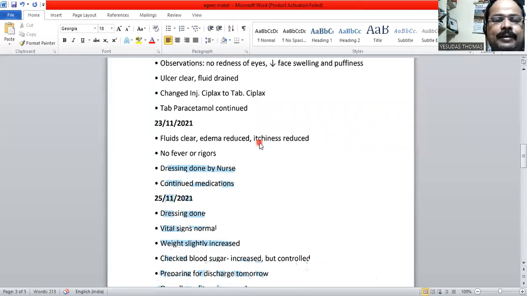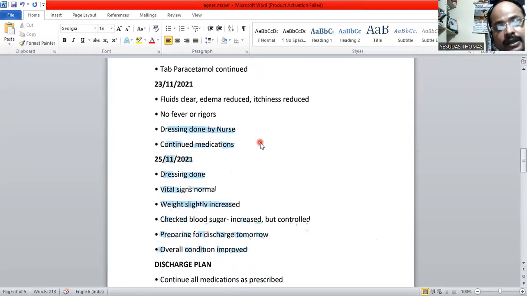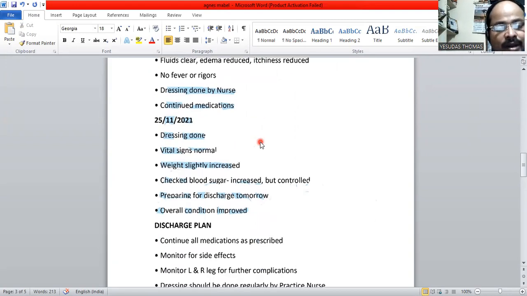Paracetamol is continuing. The next day again, we have better prognosis. On the 25th, dressing done, weight slightly increased, blood sugar level increased but controlled. She is fit for discharge tomorrow. Today is the 25th. She's getting discharged on 26th of November 2021.